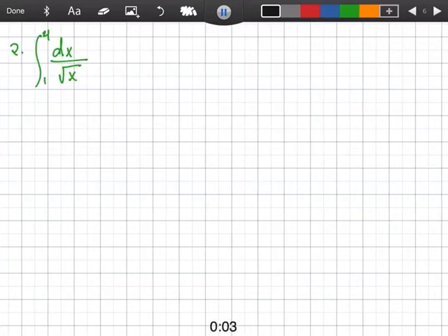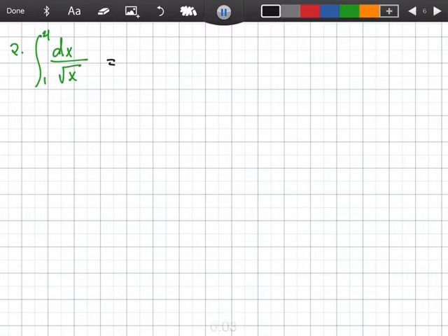Okay? Another example, example number 2, the integral of dx over square root of x from 1 to 4. So, how are we going to solve this one? Paano ba to?